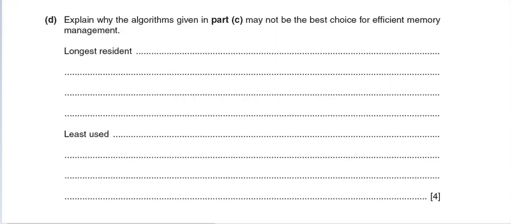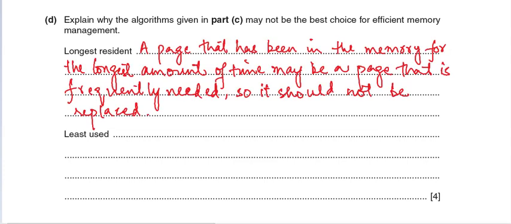Okay, next he says, explain why the algorithms longest resident and least used might not be the best choice for replacing a page. As for the longest resident, a page that has been in the memory for the longest amount of time, it may be a page that is frequently needed. Although it has been in the memory for a very long time, it may also be frequently needed by the process, so this page should not be replaced.